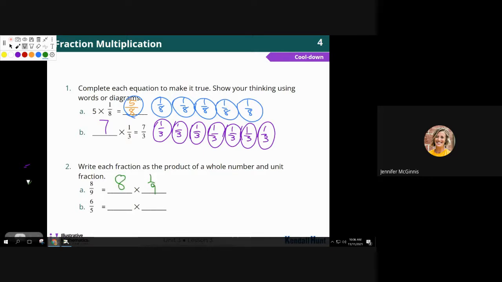Thumbs if you agree. 8 times 1/9 equals 8/9. Yes? Who wants to take B? Nehemiah? Thumbs if you agree with Nehemiah. Yeah, you do.